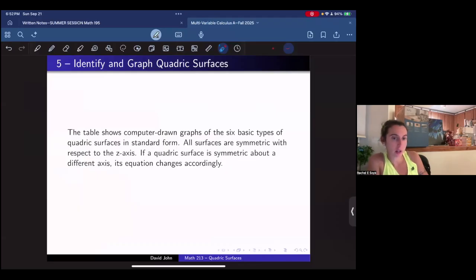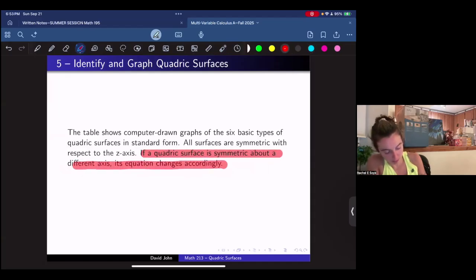All surfaces are symmetric with respect to the z-axis. If a quadric surface is symmetric about a different axis, its equation changes accordingly. So why don't we highlight that last part? Maybe we'll highlight this part too.